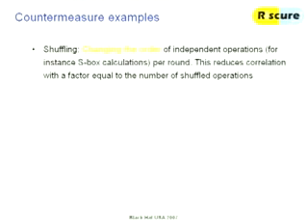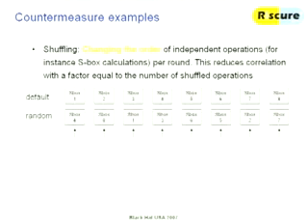Another one is changing order. If you've got multiple operations that need to be done that don't depend on each other, you can move them around. Like S-boxes, generally everyone goes through S-box 0, 1, 2, 3, 4, 5, 6, 7. But it isn't necessary. You can calculate them in any order. If you do that, you reduce the chance for an attacker because he has to take many more traces to get the same amount of correlation for each S-box position.